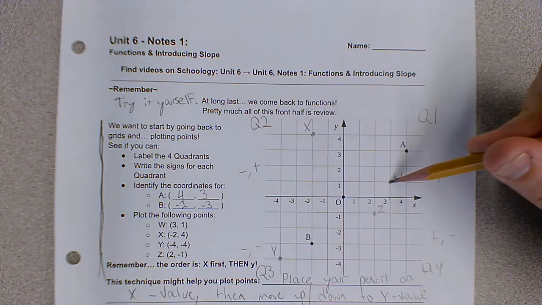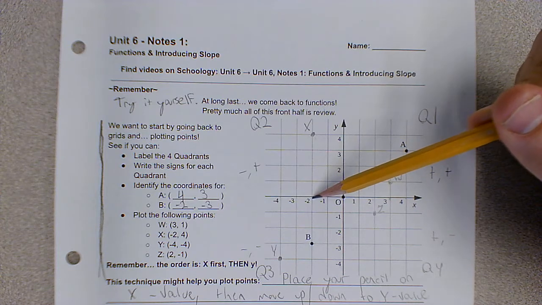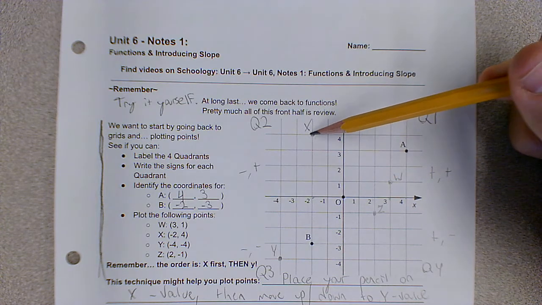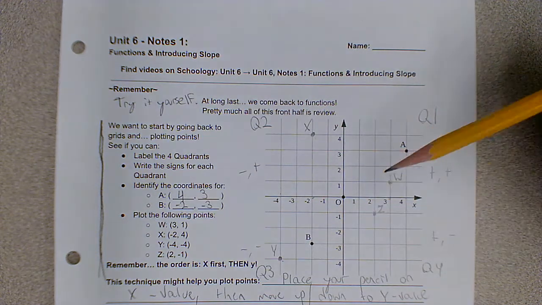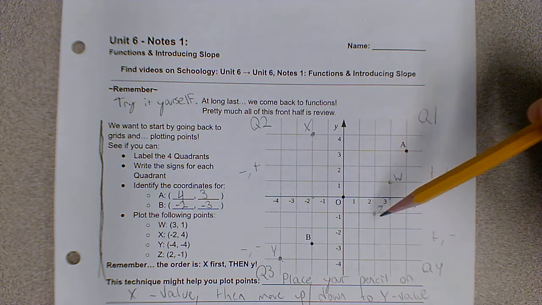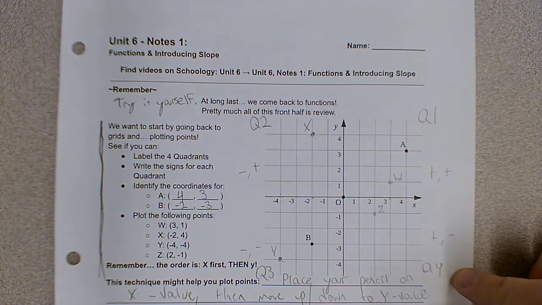Then I move up to 1. Simple as that. For the X, I just put my pencil on the negative 2. Then I go up to 4. For the Y, I put my pencil on negative 4, down to negative 4. Then for my Z, I put my pencil on the 2, down to negative 1. It's faster and you're less likely to make mistakes.